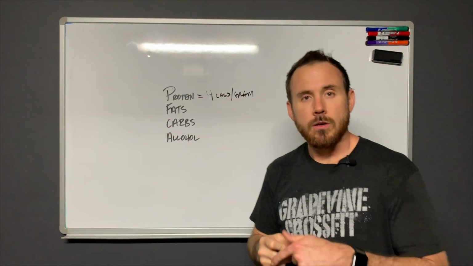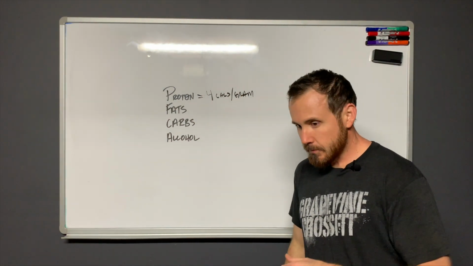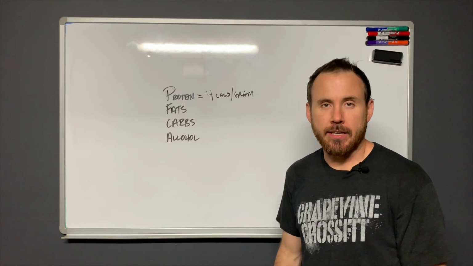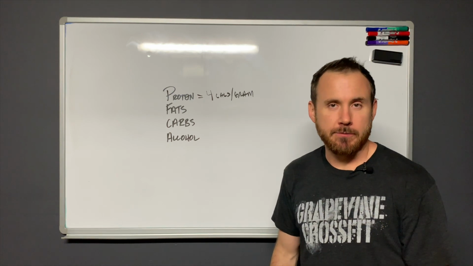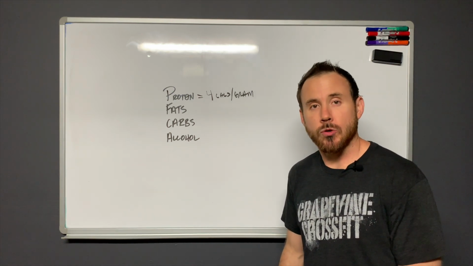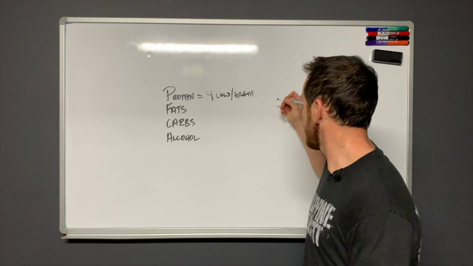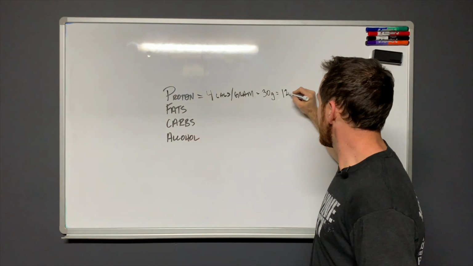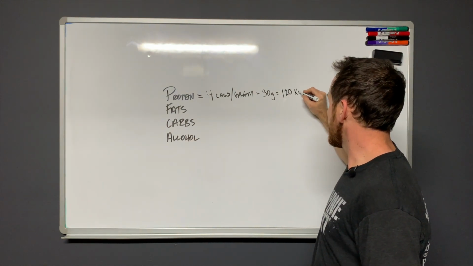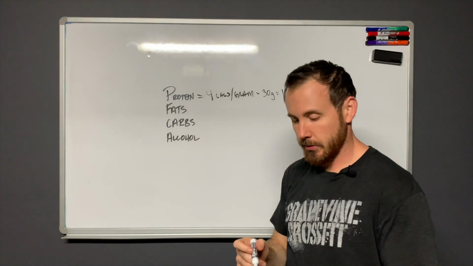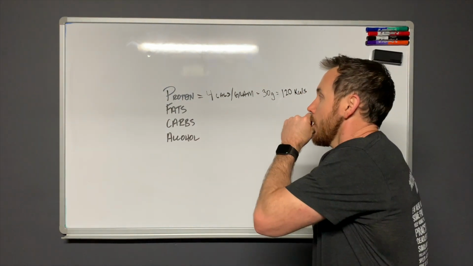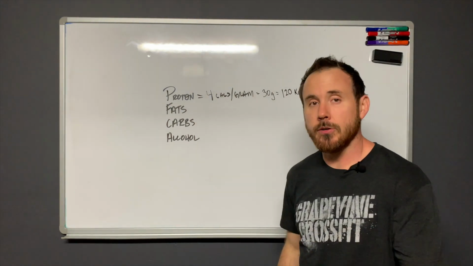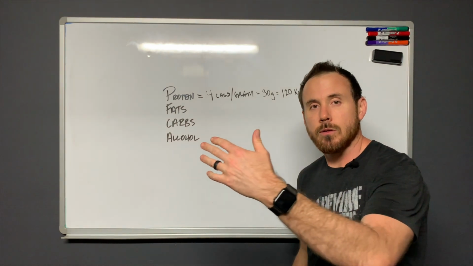If you have a piece of lean chicken that has 30 grams of protein, you're going to have 120 calories, right? We'll call them kcals because that's the professional way to do it, I guess. So 4 calories per gram. If you have 30 grams, that represents 120 calories within that chicken breast.